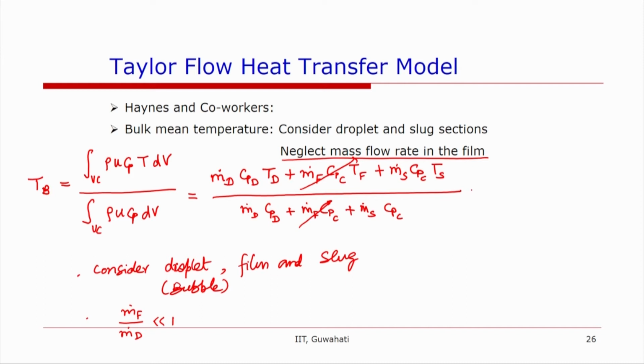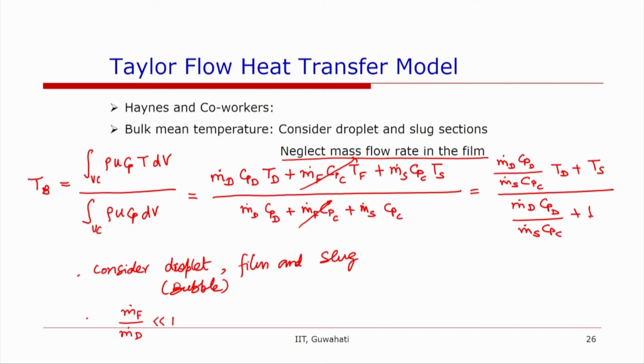If we do that, then this relationship turns into m dot D Cpd divided by m dot S Cpc, times Td plus Ts, divided by m dot D Cpd over m dot S Cpc plus 1.